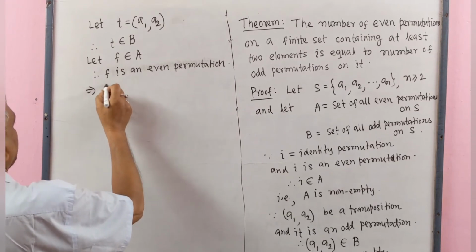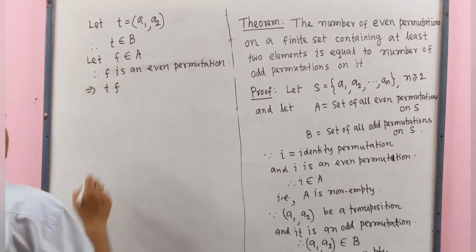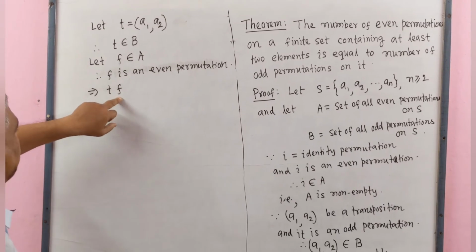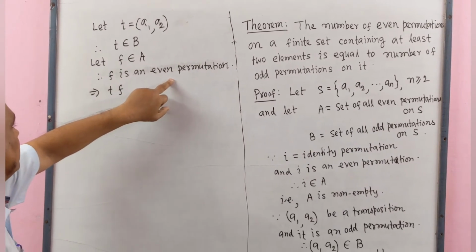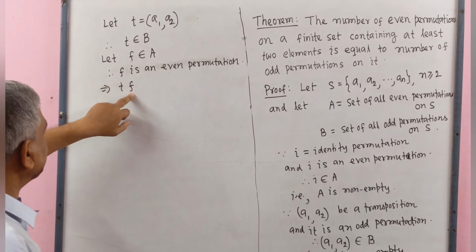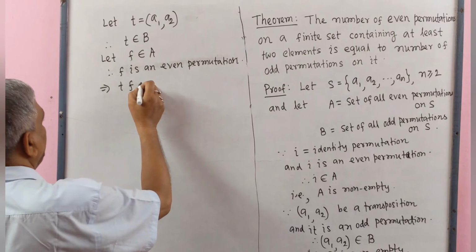This implies that for TF, T is an odd permutation and F is an even permutation. So the product of an odd permutation and an even permutation is an odd permutation.